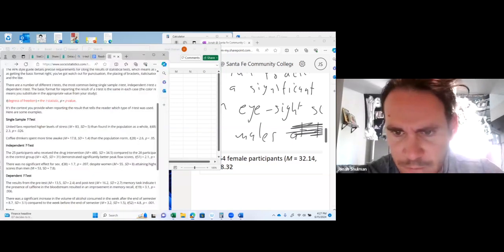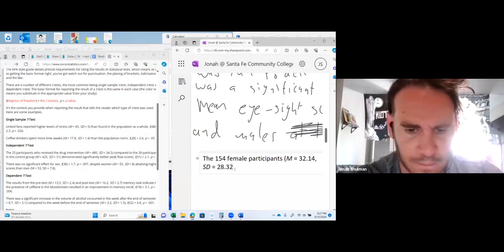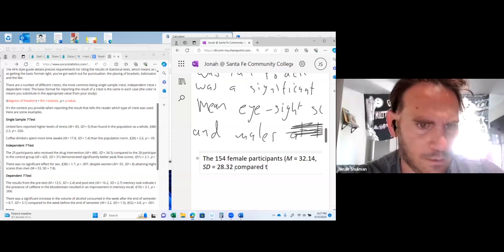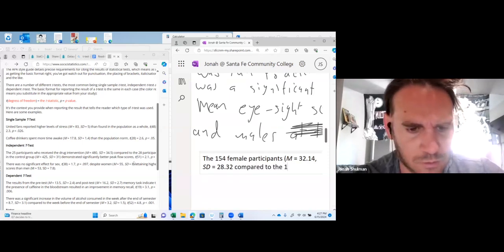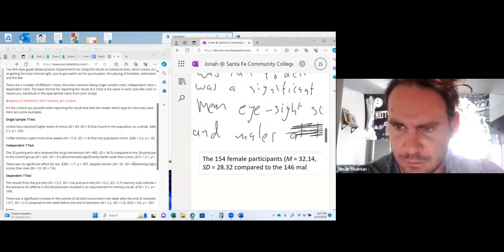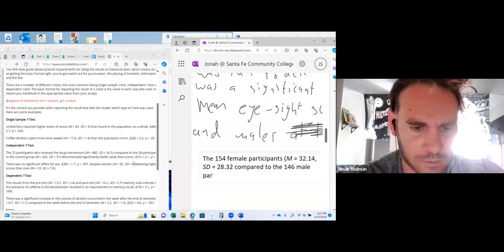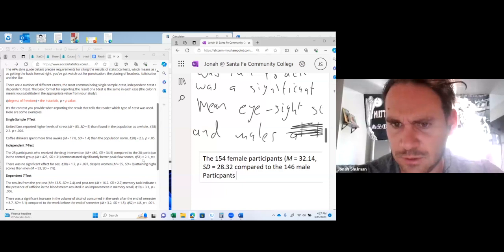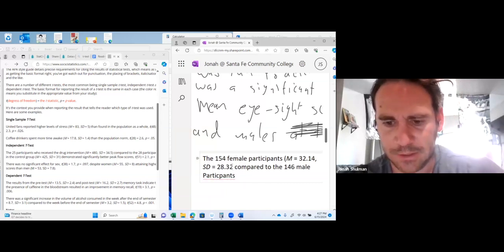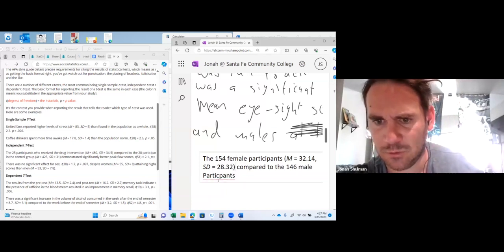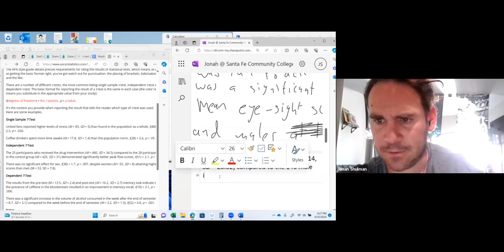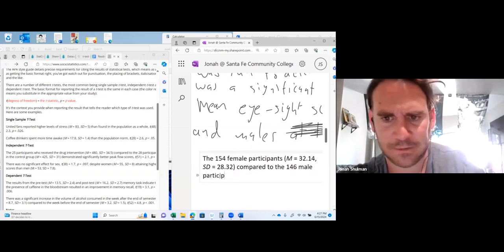Compared to the 146 male participants. And I always just copy and paste this so I don't have to keep messing with the italicized key.